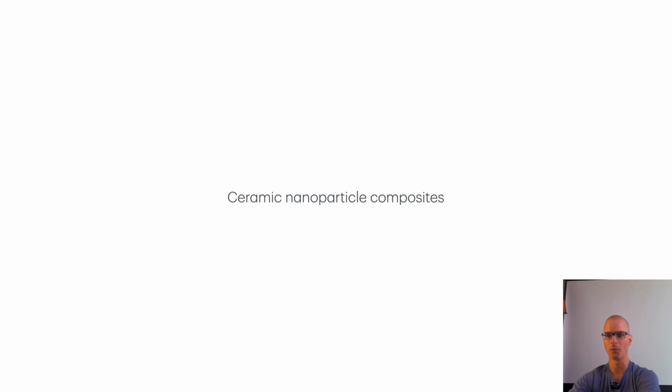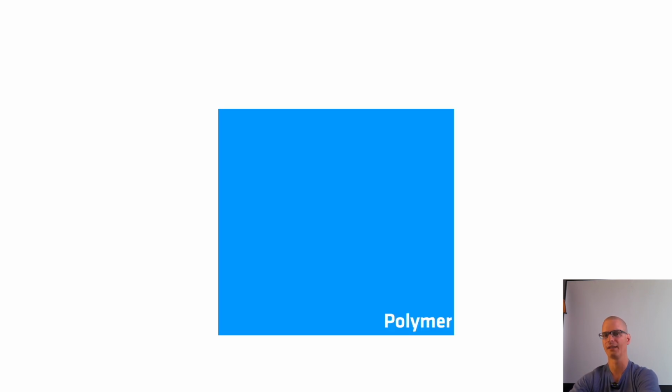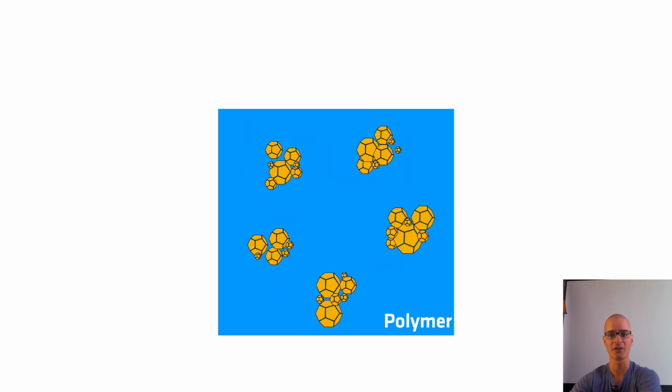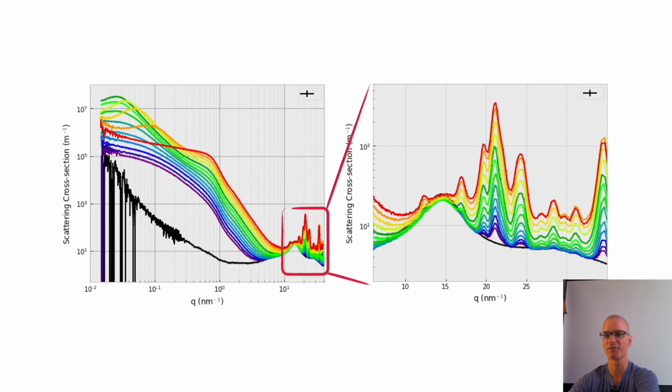What she wanted to know was whether the particles inside the polymer matrix were distributed well, or whether they were actually clumped together. And so we did a series of measurements on the current instrument on a range of composites with an increasing amount of volume fraction.